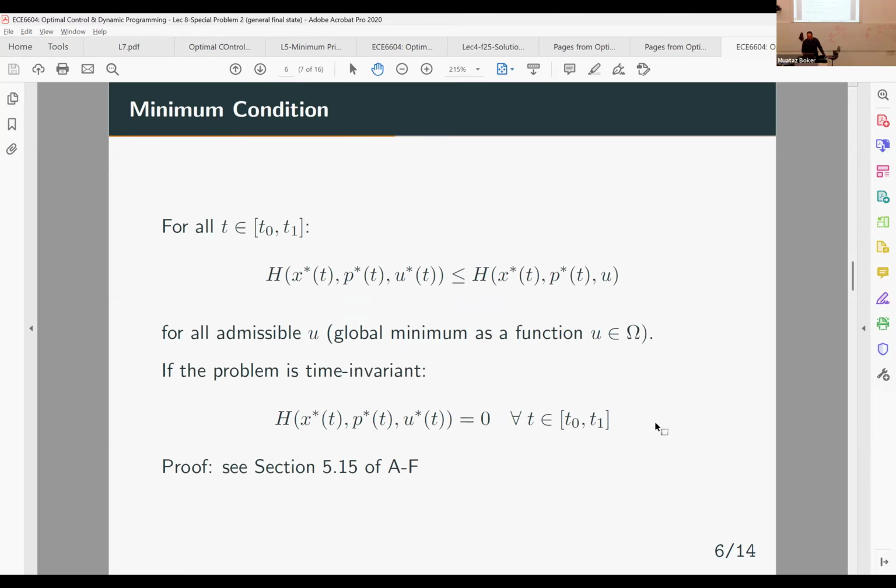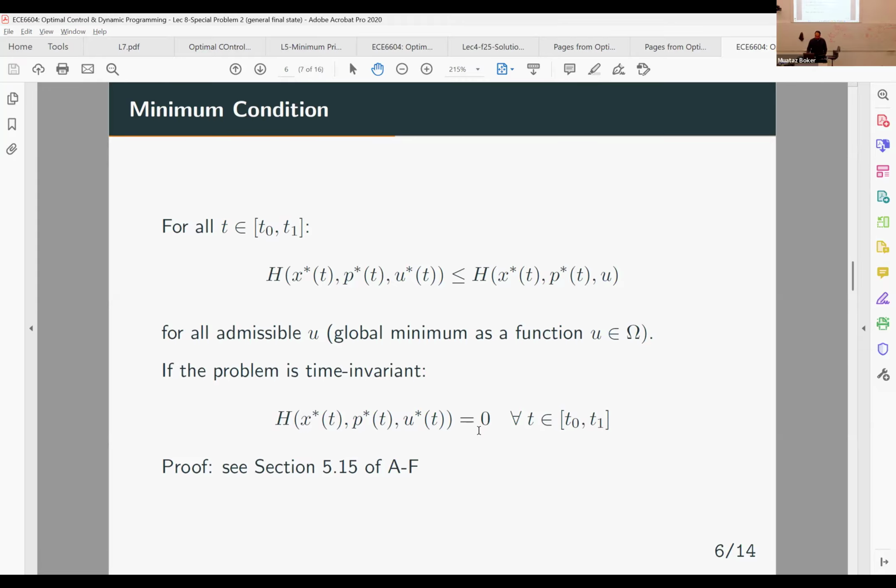Okay, so the minimum condition is the same. We want to find U star such that the Hamiltonian at U star is less than or equal to the Hamiltonian at any other U, which makes the Hamiltonian a global minimum as a function of U. And if the problem is time invariant, if the system does not depend on T, then this must be true: the Hamiltonian at x star, P star, U star is equal to 0 for all time.